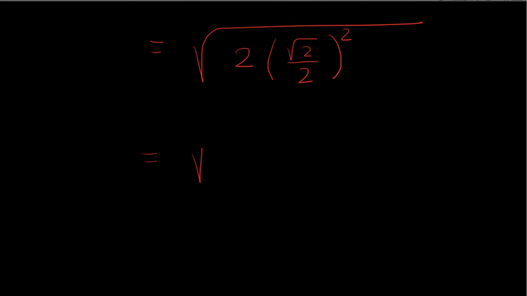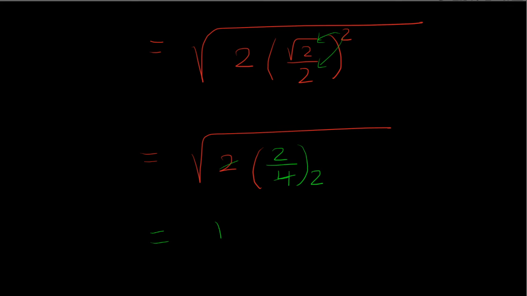Okay, so we have 2, and then the square is going to distribute to both of these. So square root of 2 squared is 2, and then 2 squared is 4. That cancels, so it's 2 over 2, which is 1. So the distance between the origin and negative root 2 over 2 plus i square root 2 over 2 is just 1.